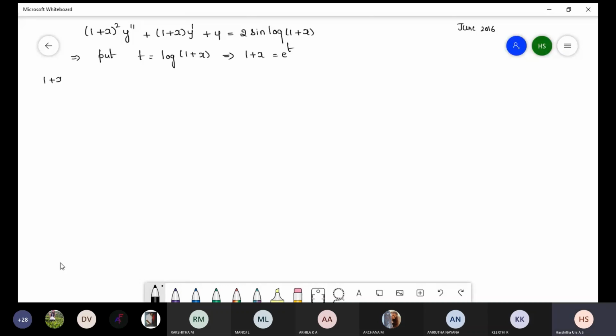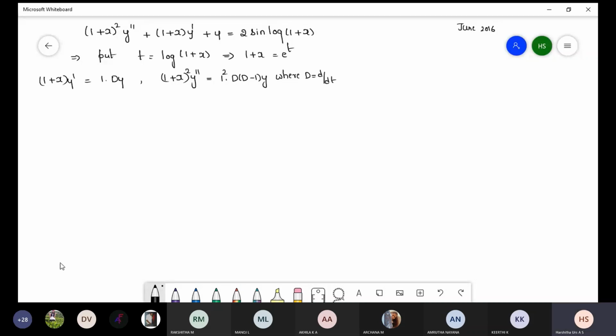x(1+x) y' is 1 into D into y. (1+x) whole square into y'' is again 1 square D into (D minus 1) into y, where D is equal to d/dt.